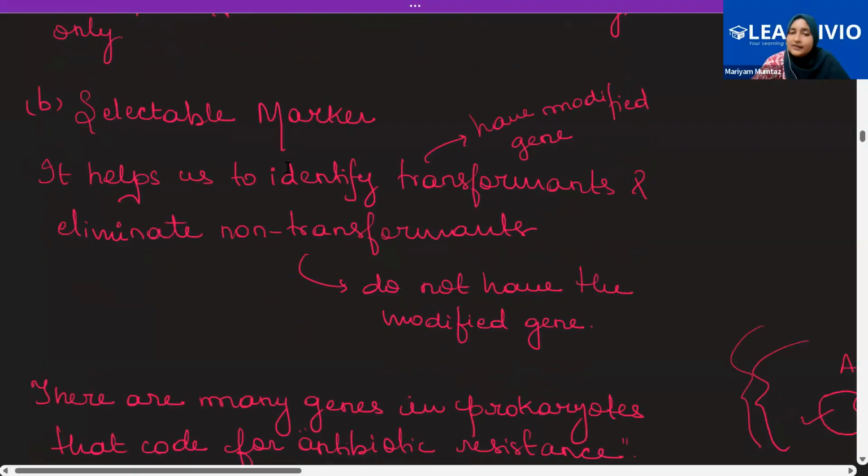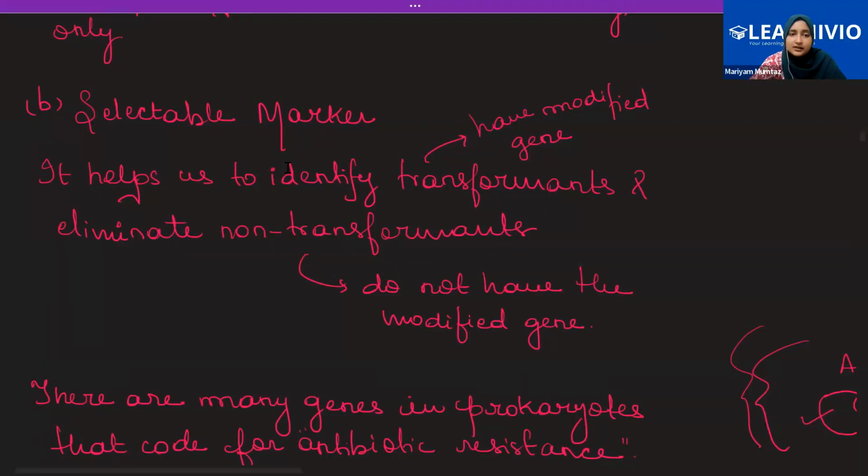The second thing that a vector must have is a selectable marker. For example, there is a vector that has antibiotic resistance. Now you put a foreign gene in, and they will lose the antibiotic resistance. If you are growing them on ampicillin, they will not be able to grow if the ampicillin resistance gene has been removed from them.